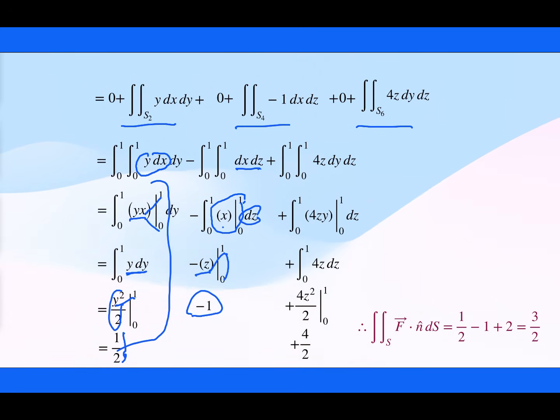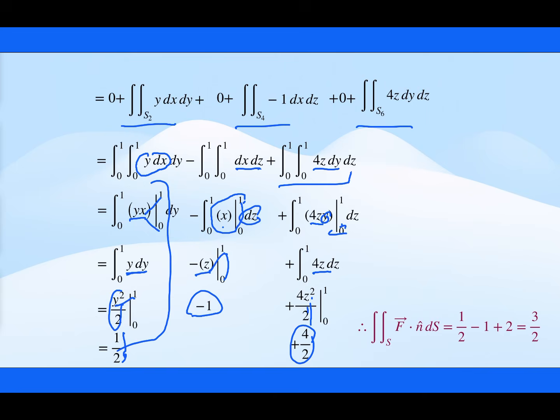And the third integral, when you integrate that, 4z into dy is 4zy. Limits are 0 to 1, so you apply for y, that is 4z. The integration of 4z is 4z square by 2, which is 4 into 1 square by 2 when I apply the limits. The lower limits are 0, so need not bother about that. So I just apply the upper limits.